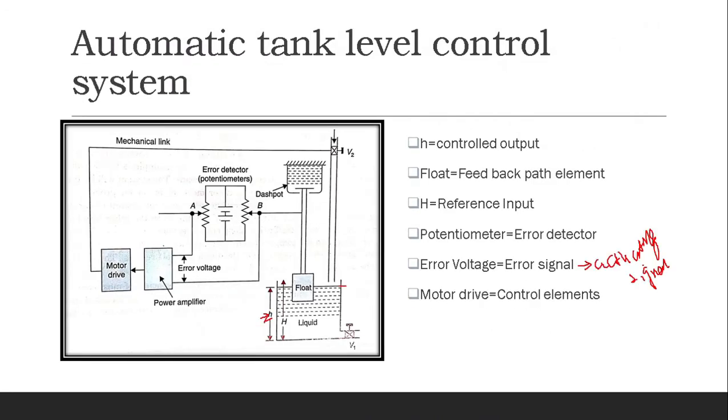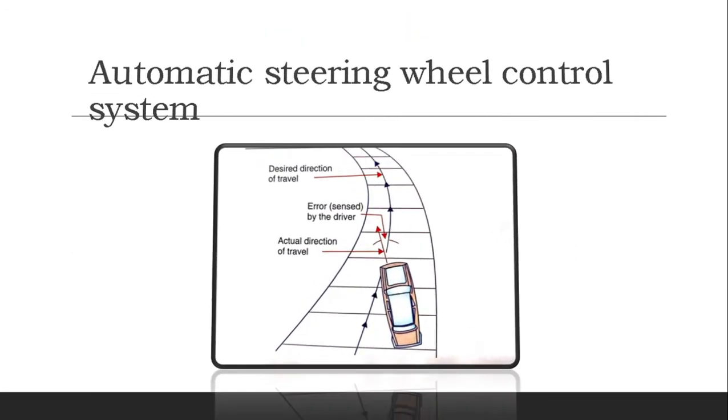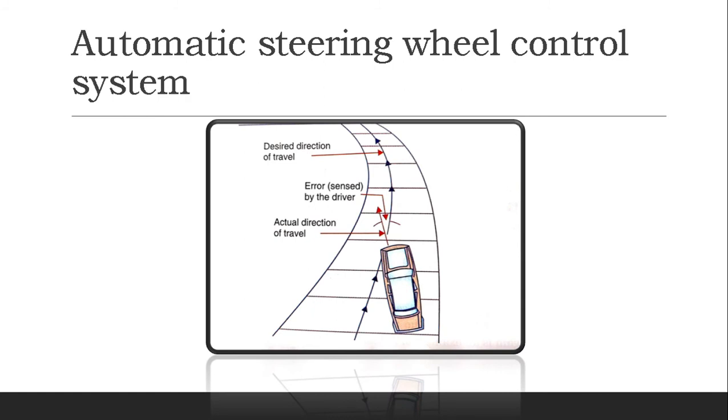Let me give you another example of a closed loop control system, that is the automatic steering wheel control system. Here our aim is to go in the direction that is followed by the path. The desired direction is shown by this arrow, but the actual direction in which the car is going is right here. So there is an angular distance between the actual direction of travel and the desired direction of travel, that is sensed by our error detector, theta.